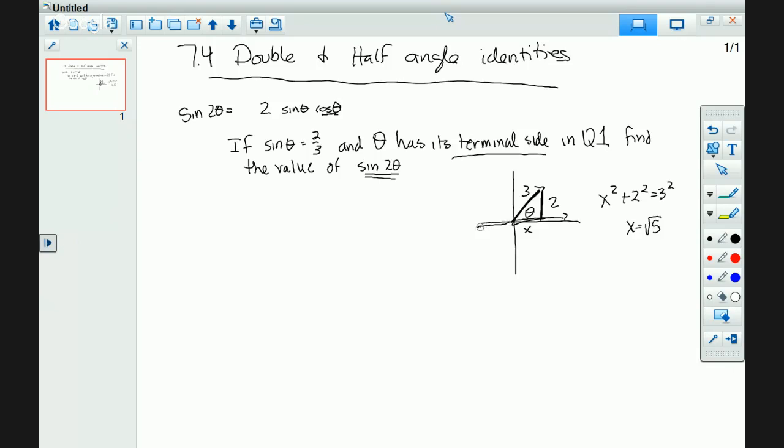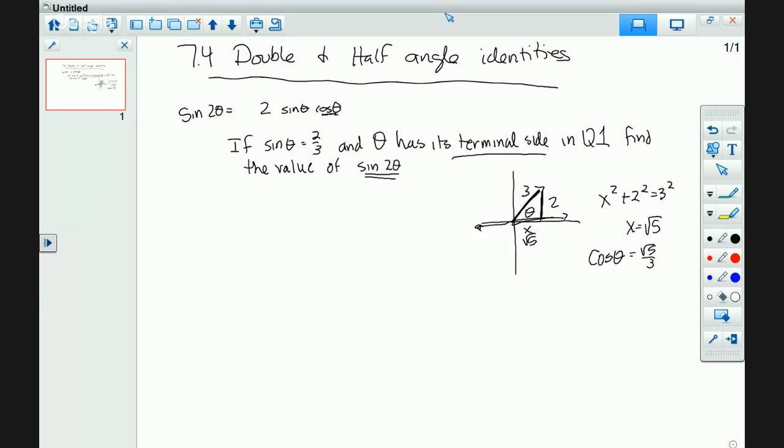If it was this direction, it would be negative root 5, because that can be positive or negative, right? The square root of a squared. That's why this is important. So check that. All right, so cosine is root 5 over 3.